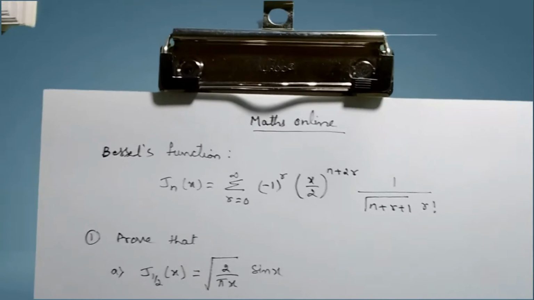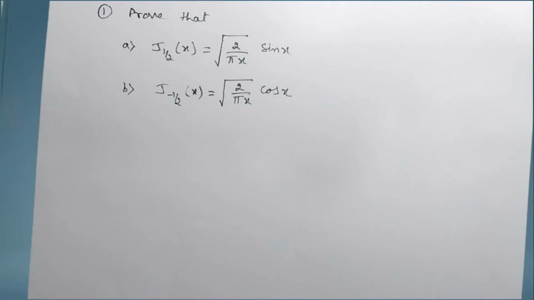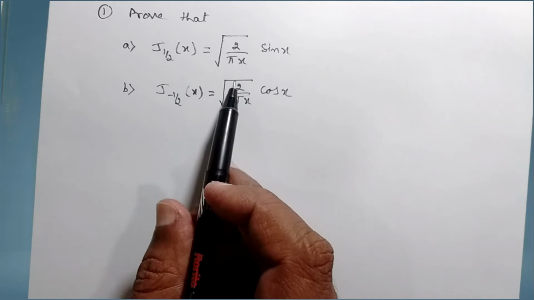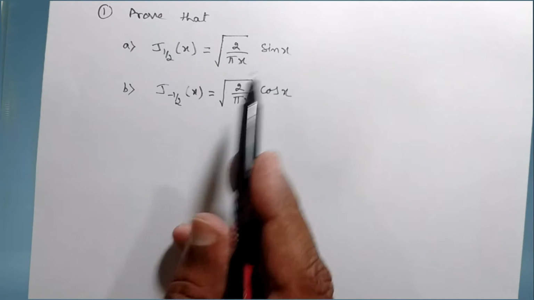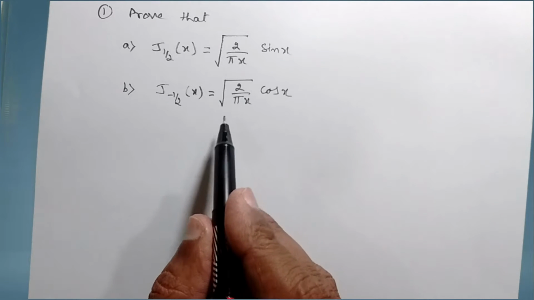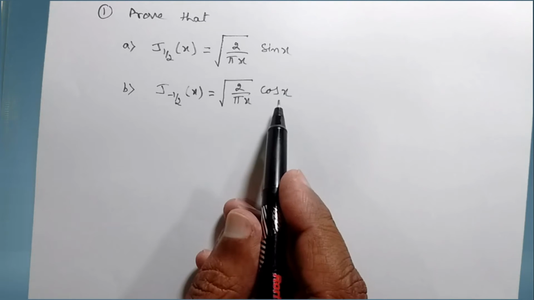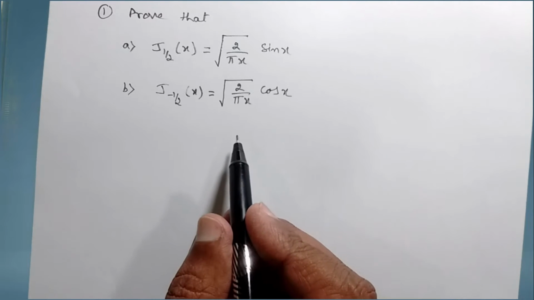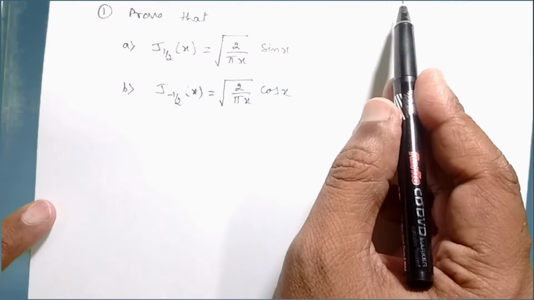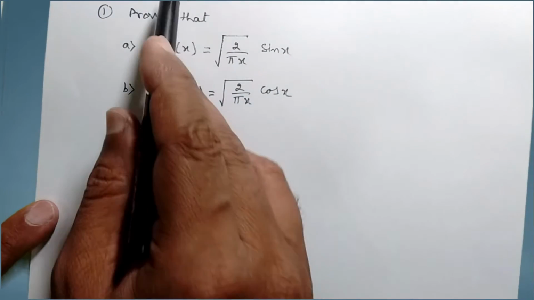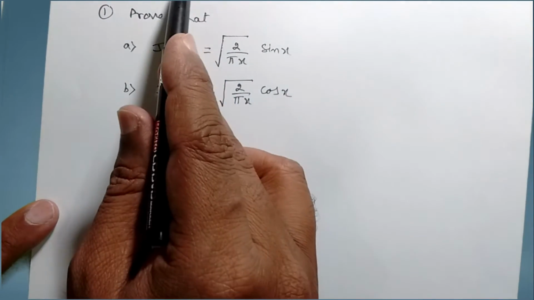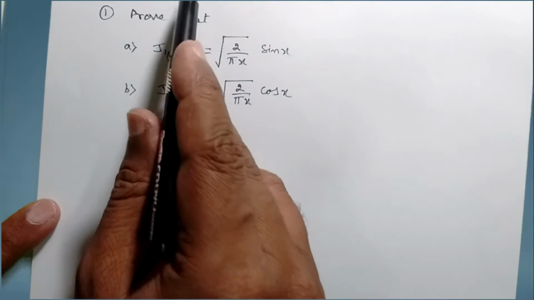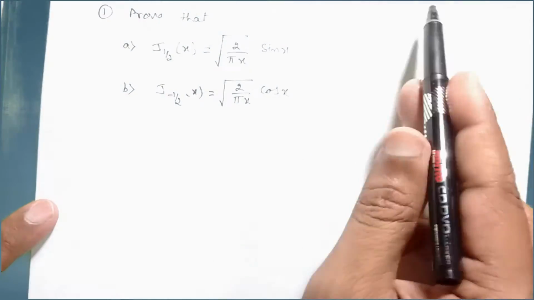So let's try to get these two results. We will take this Bessel's function and put the value of n as half to get the first result, and to get the second result we'll put n as minus half and simplify the right hand side.